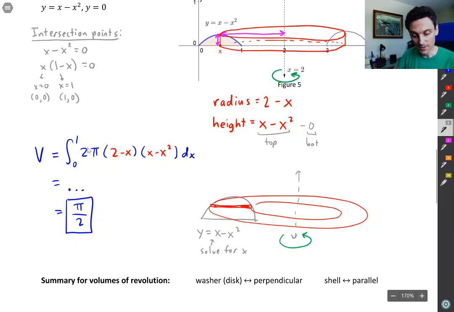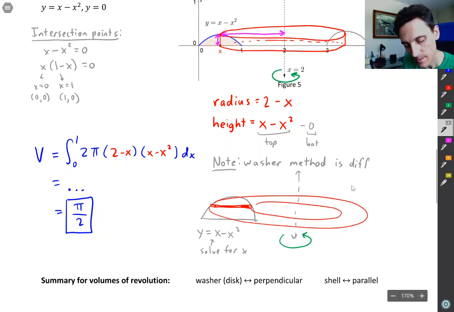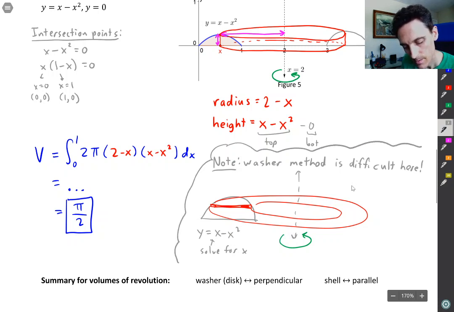So it's much easier with the shell method in this case, because all you end up with in your integral is just this little polynomial. So note that the washer method, or cross-sectional method, is difficult here, and the problem is that solving for x is tough.